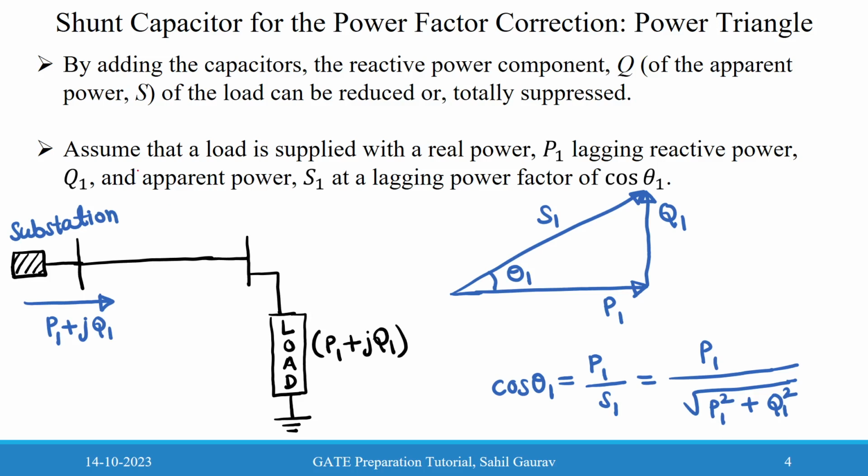So now, shunt capacitor for the power factor correction. By adding the capacitors, the reactive power component Q of the apparent power of the load can be reduced or totally suppressed, as we all know.